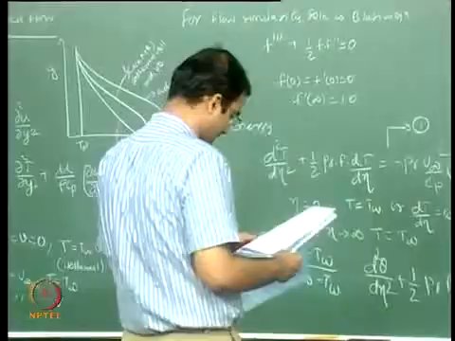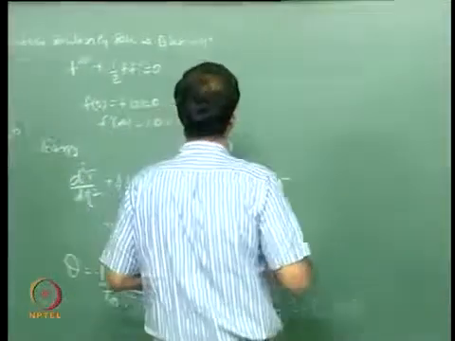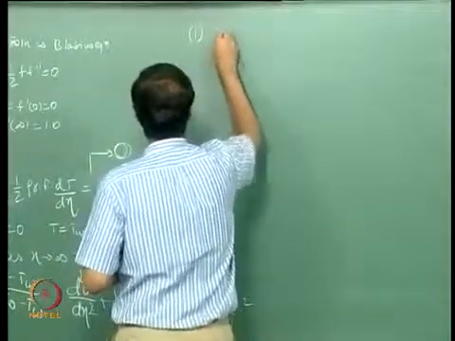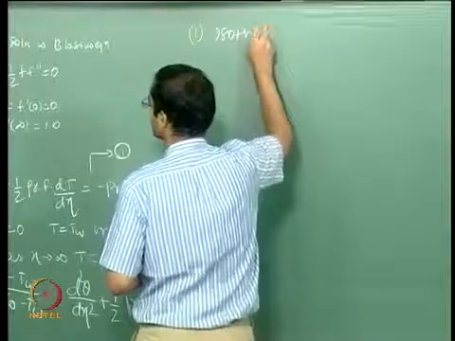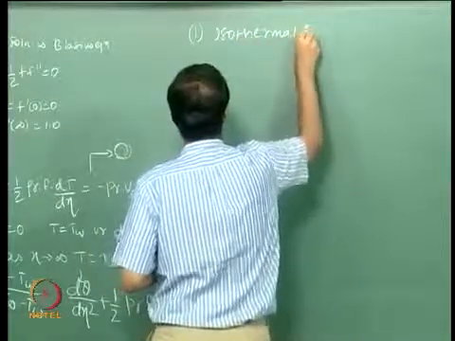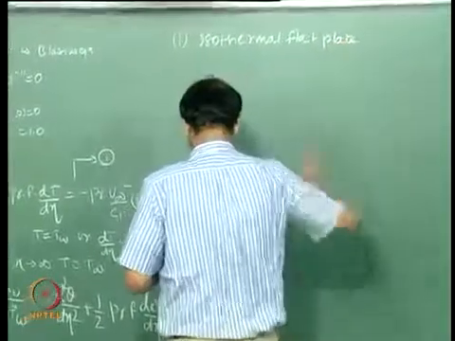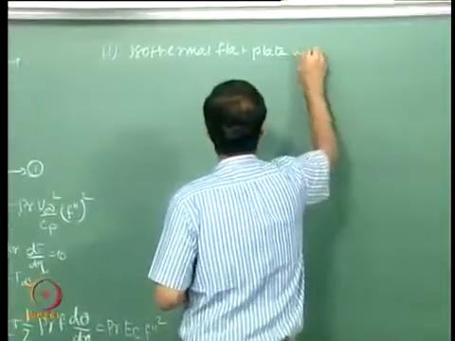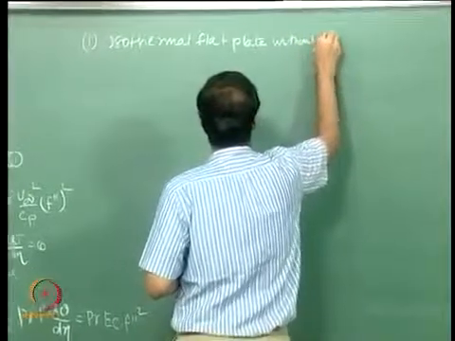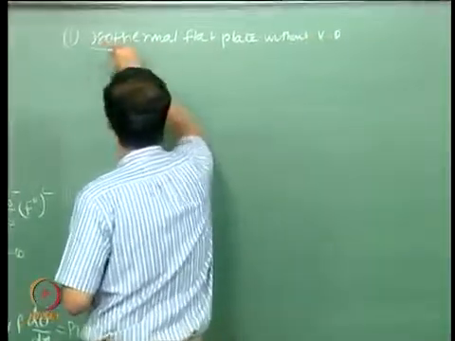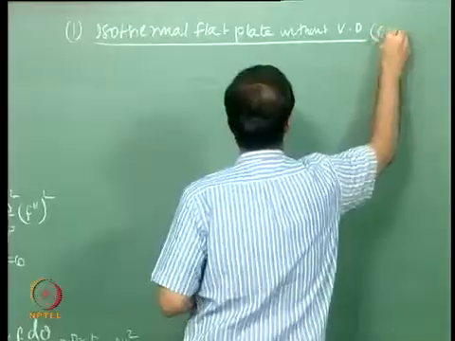So the first sub problem we can write as the isothermal flat plate without viscous dissipation. That is your case A that I have drawn on the figure.